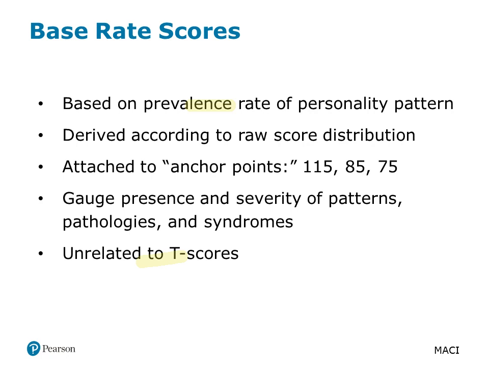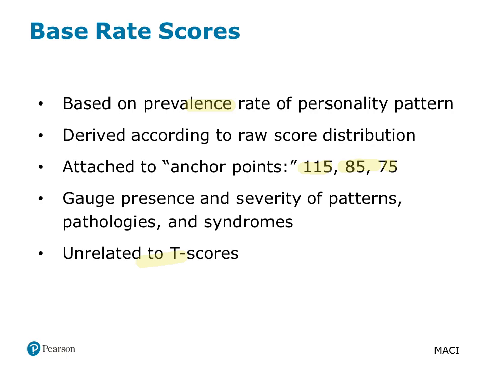We identified certain anchor points, 115, 85, and 75, and essentially any base rate of 85 and above would tell us that that personality pattern is perhaps the most prominent.